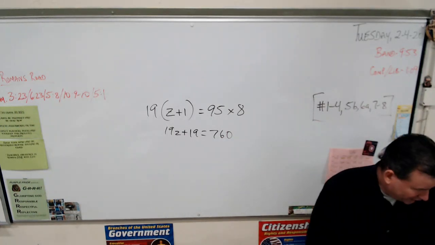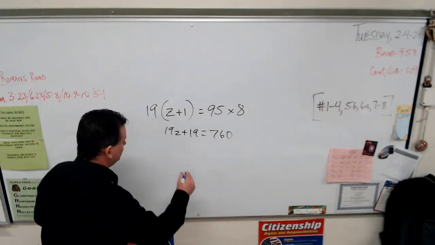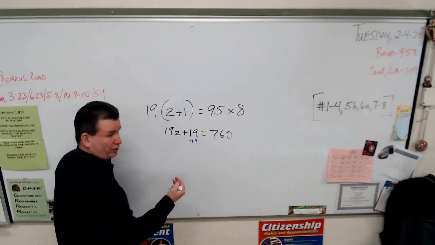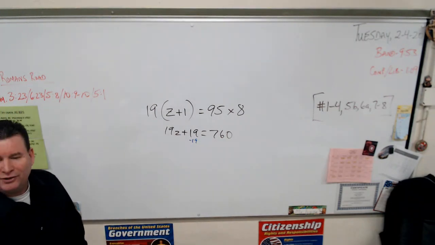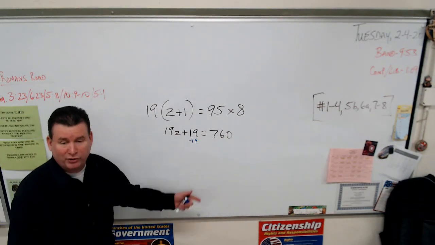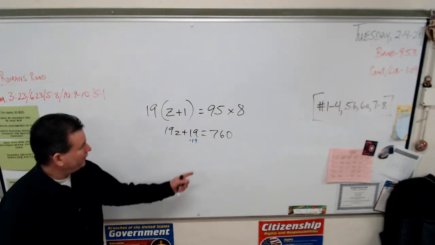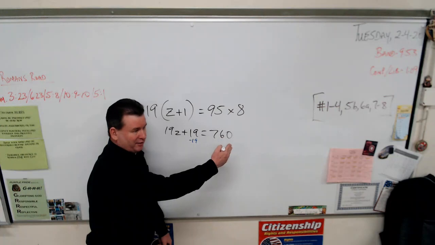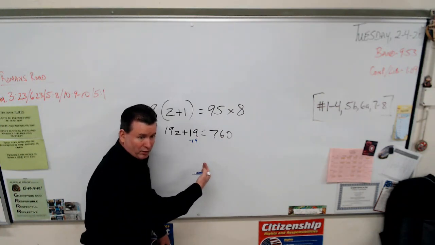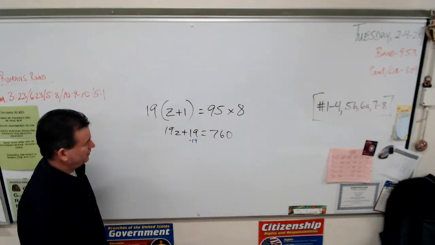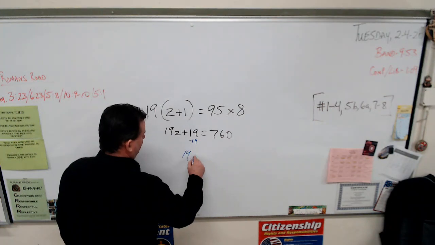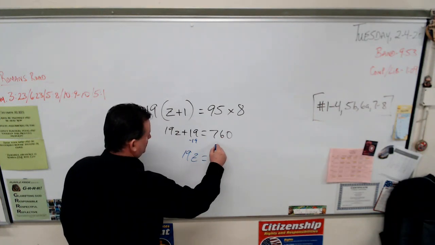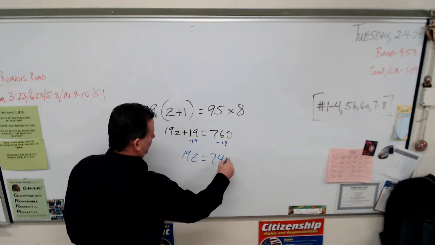I've got to get rid of the 19. Subtract 19 just from one side? No, that'd be silly. That'd be actually lying. If you just subtract 19 from this side and not that side, and still say they're equal, pants on fire. 19z equals 741.